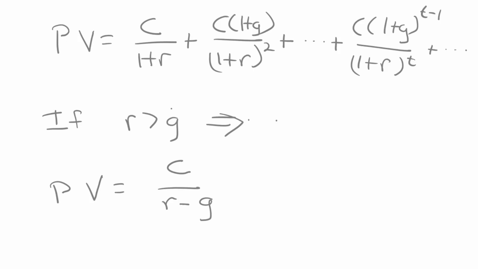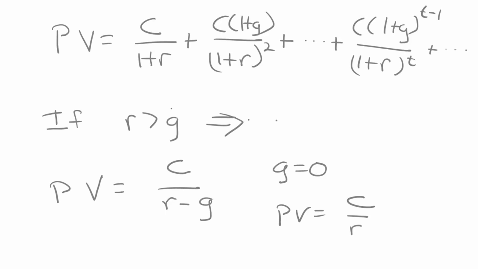So notice a couple things. When G equals 0, the present value is C over R. That's good. That's the formula we got from before. Notice also that the larger is R, the lower is the present value.